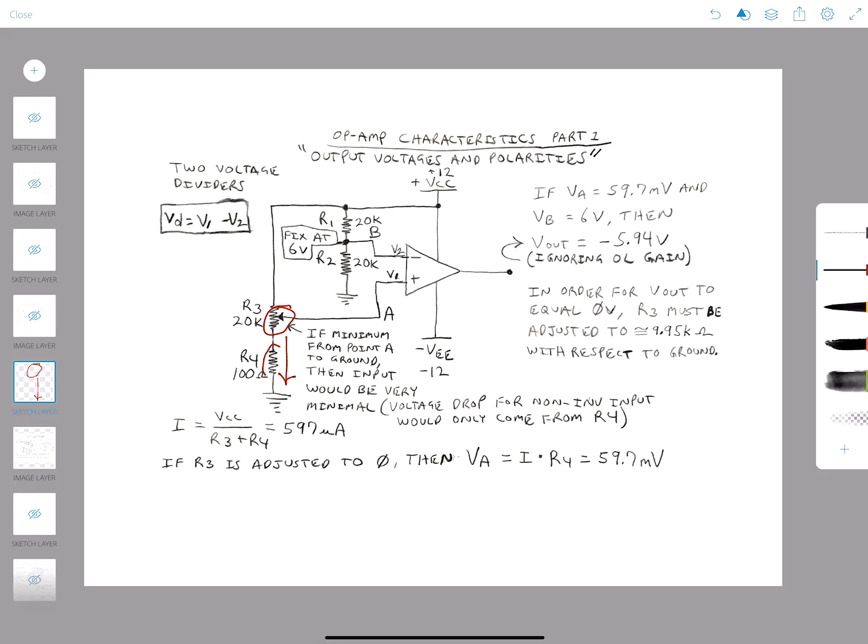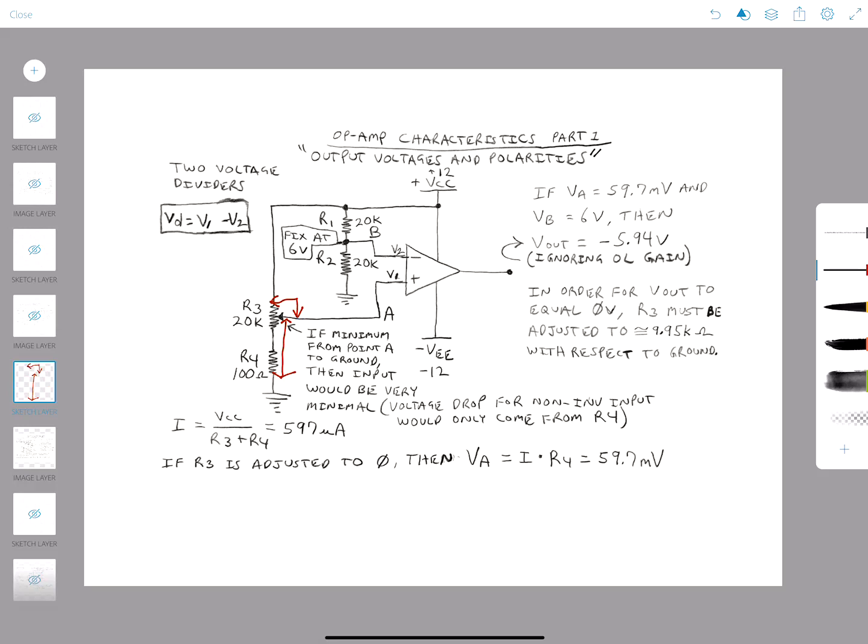Once we do that, this potentiometer will be equal based on having this 100 ohms at the bottom. So the resistance from this point to this point is going to be the same as the resistance from this point to this point.